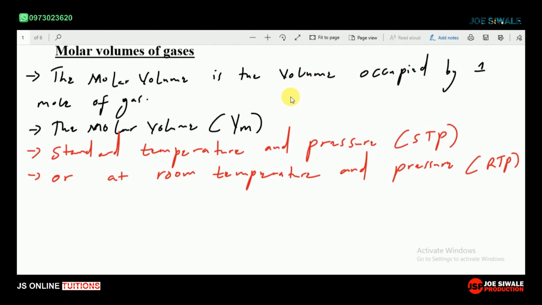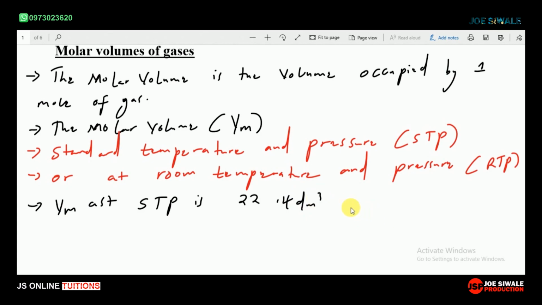So we can say that the molar volume at STP, which is standard temperature and pressure, is 22.4 cubic decimeters.